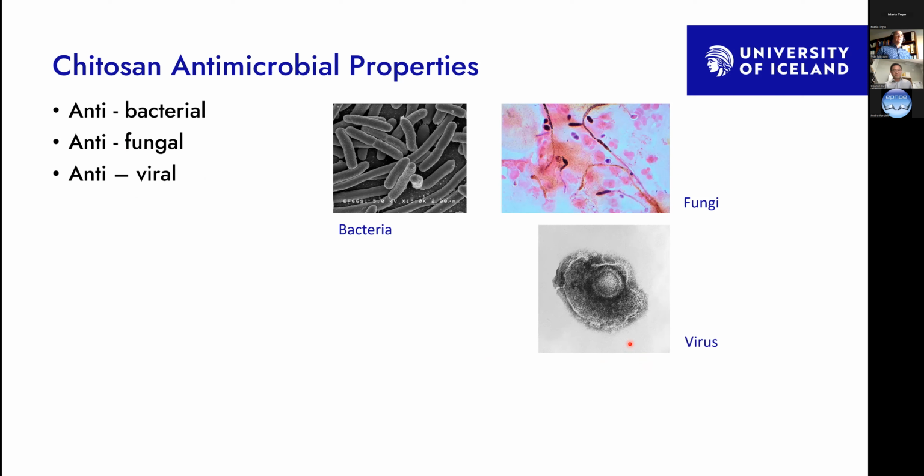So it can also be used to deactivate viruses. And when it's used, it's not the solid as such, of course, but more solutions of chitosan, nanoparticles, gels, and coatings. These are typical formulations that are investigated for antimicrobial activity.